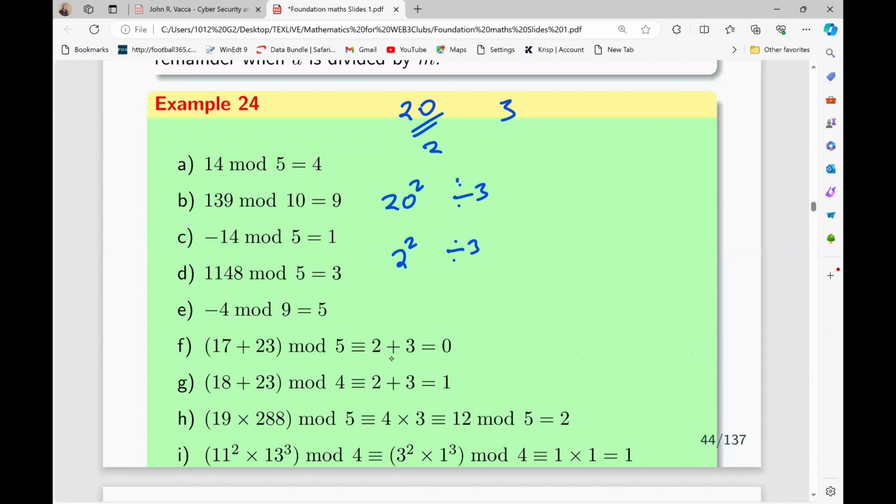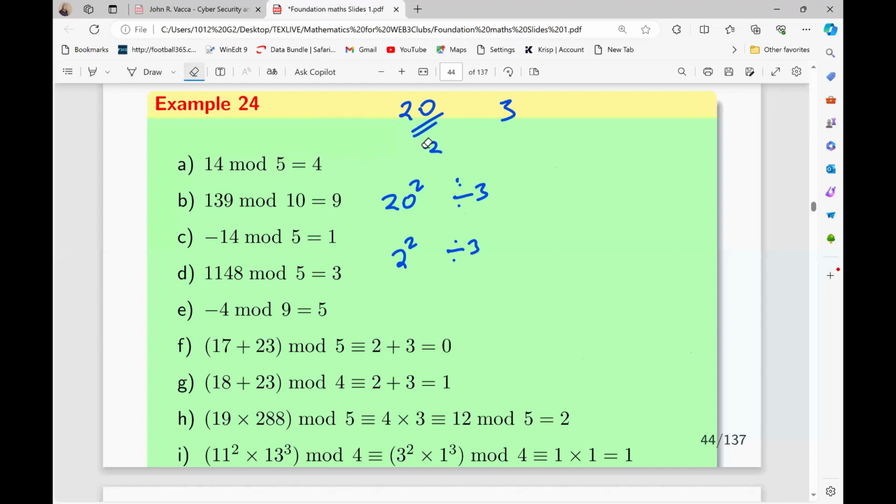Let me use a smaller number so that we can do that example. Let me use 8, which is a smaller number. If 8 were to be divided by 3, the remainder will be 2.